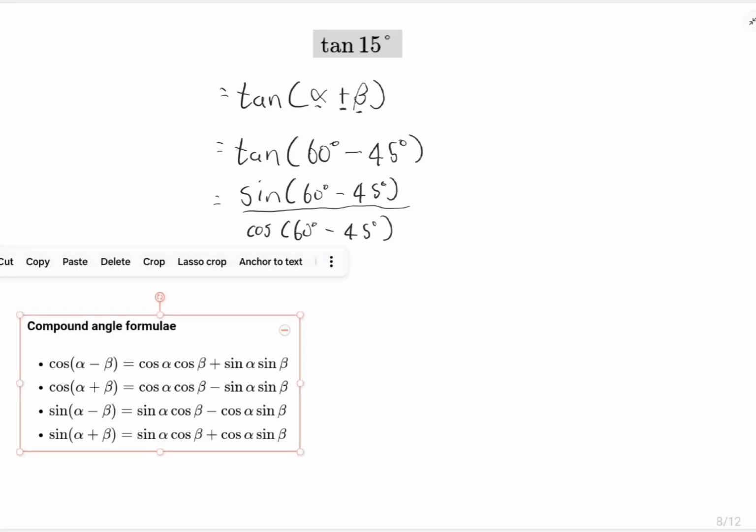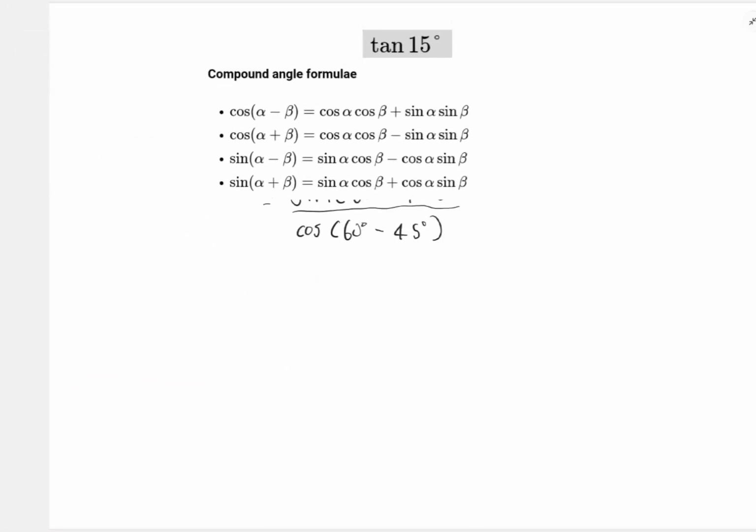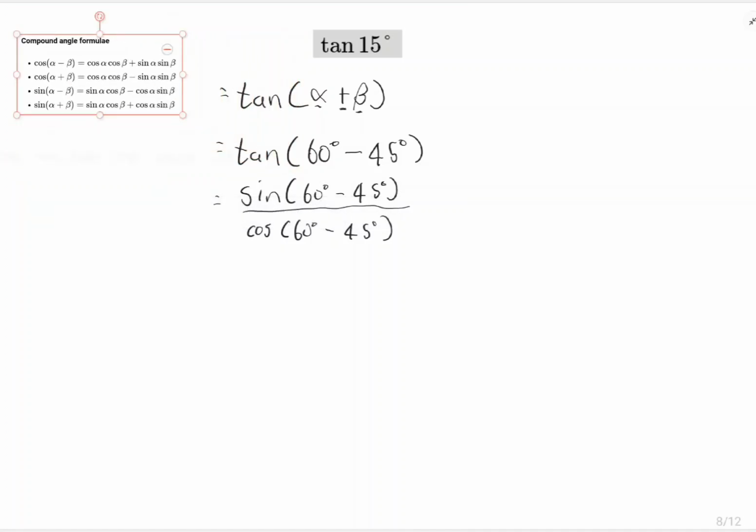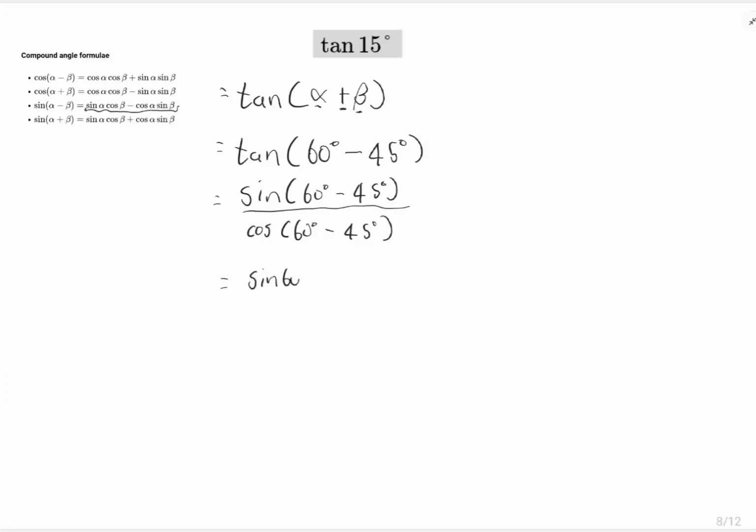Okay, let me just minimize this so that we can have space. Let's start with the numerator: sine of angle minus angle. So we're going to use this form. It's going to be sine 60 degrees cos 45 degrees minus cos 60 degrees sine 45 degrees.